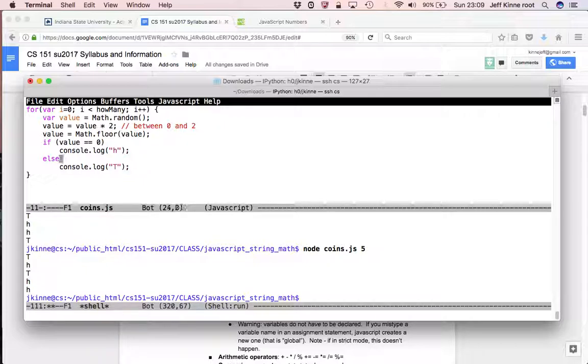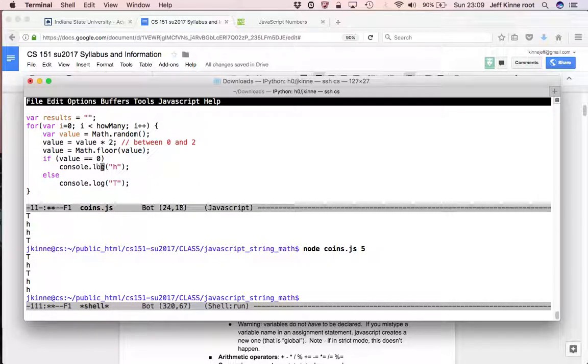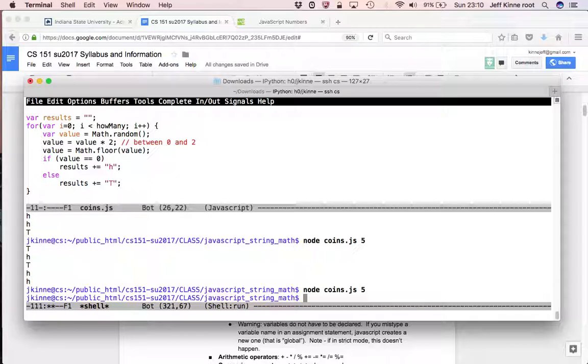Okay, if I want to make this shorter to print so it doesn't take up five lines there, I'll save this into the results as a string, and instead of printing it, I'll add that to the results. And print the results at the end.